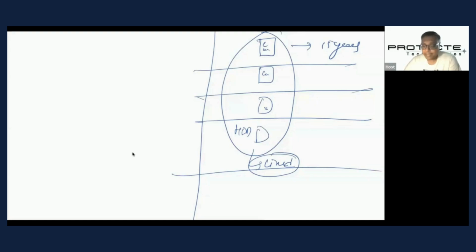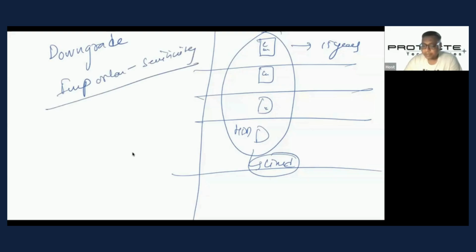Also, at times you might have to downgrade the importance or sensitivity of data. Say you filed for a patent and you had some product which has now lived its life. Now, there's no point protecting that data for a long time. You can downgrade that data as public, and many times we have seen organizations come out with what happened in the past because that data is not relevant anymore.